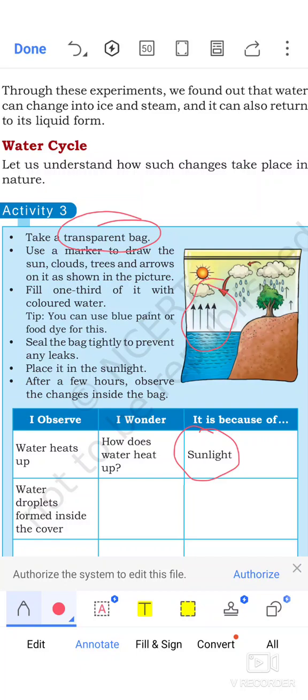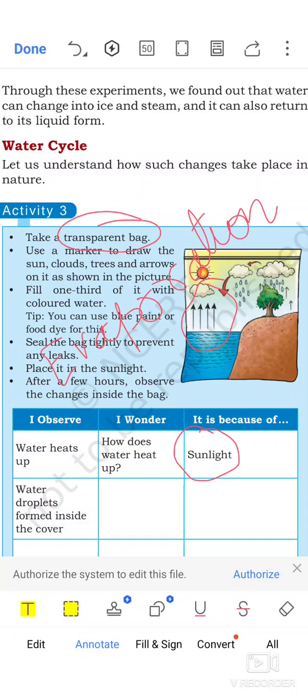The vapor formed due to heat, this process is called evaporation. What is it called, children? Evaporation. The conversion of water into vapor, this process is known as evaporation.